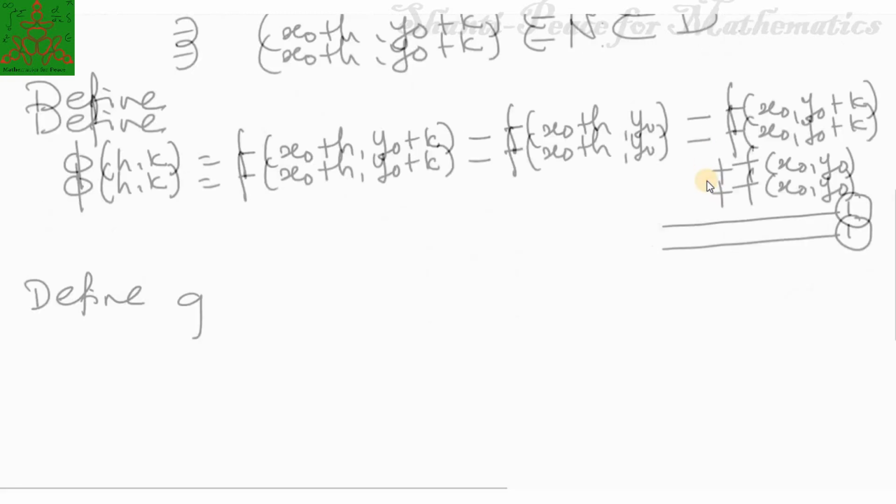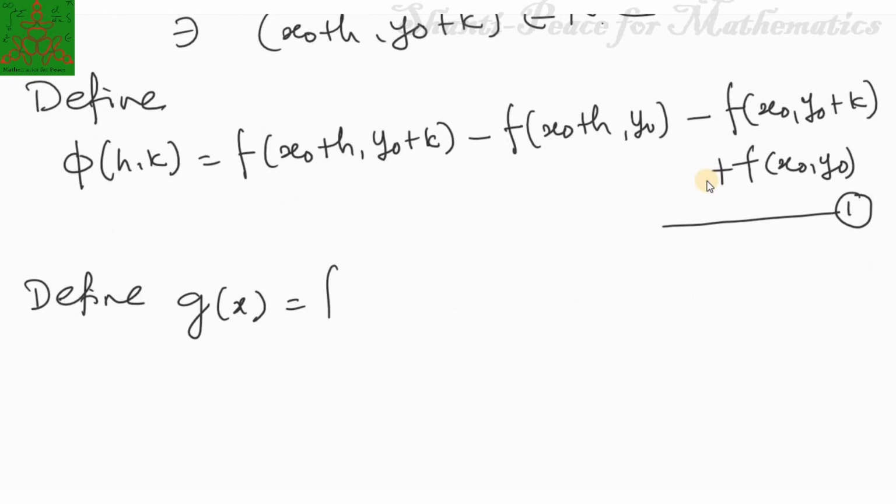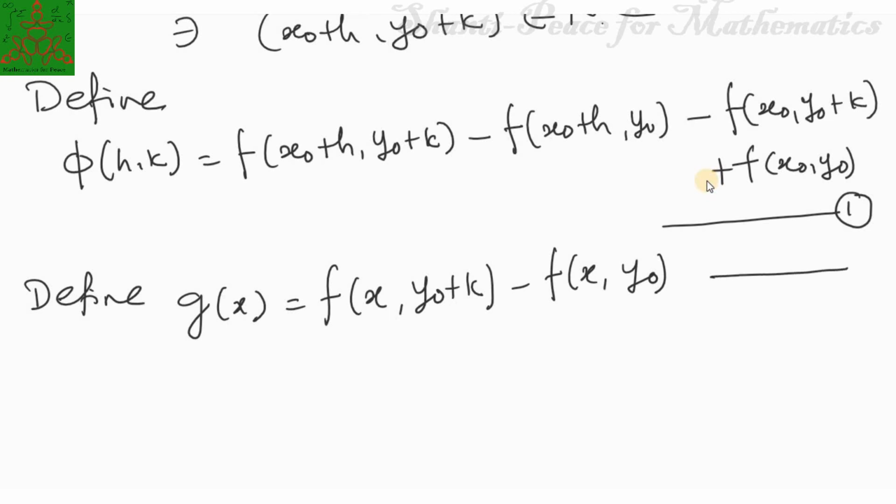Also define g(x) equal to f(x, y0 + k) minus f(x, y0). I call this equation 2. Now in equation 2 put x equal to x0.